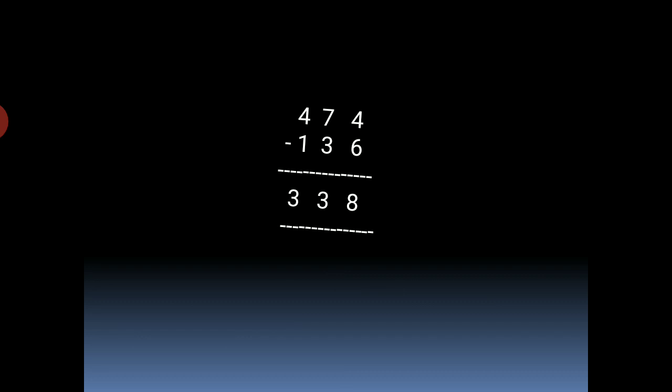This is an example. 474 minus 136. Now 4 minus 6 is not possible, so 4 will take 1 from 7 and become 14. 14 minus 6 is 8, and 6 minus 3 is 3, and 4 minus 1 is 3. So the answer is 338. You have to do it this way.